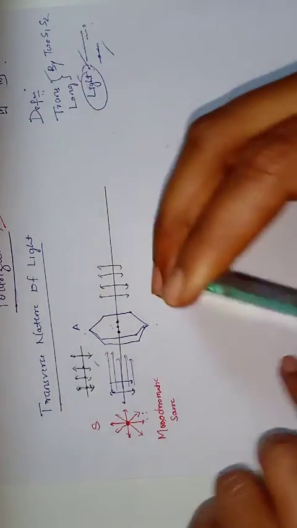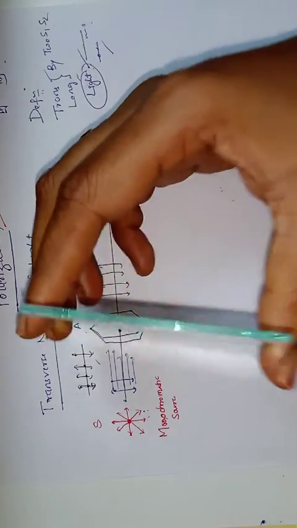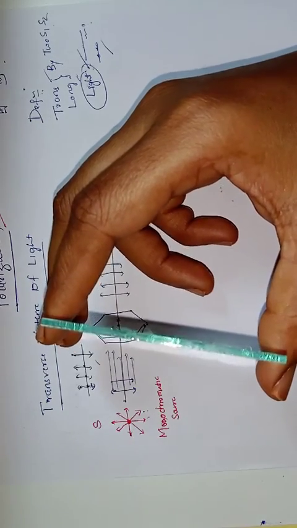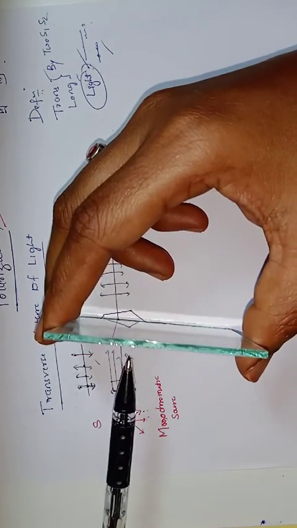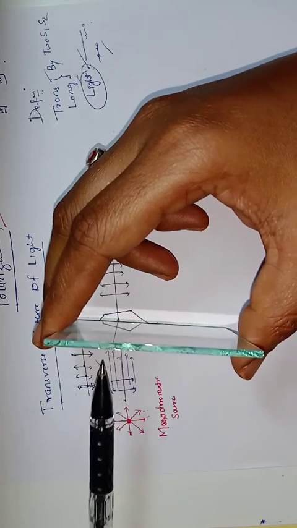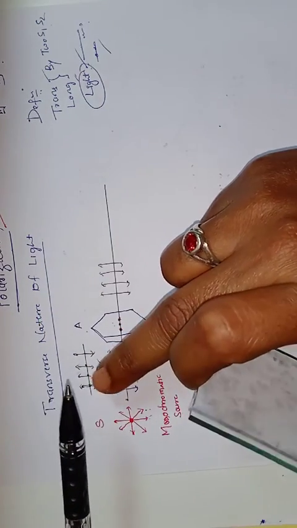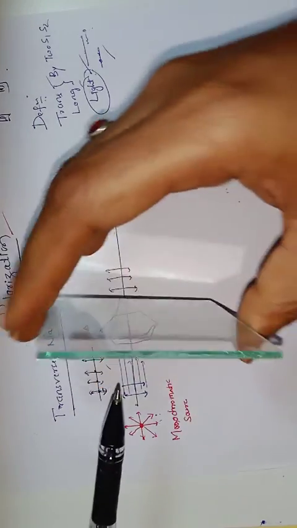If I rotate this crystal, the light rays parallel to the axis of vibration contain both perpendicular and parallel components.